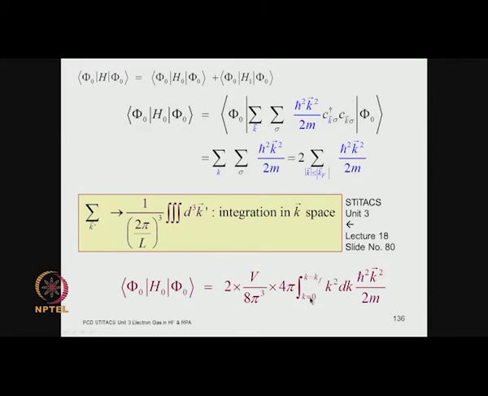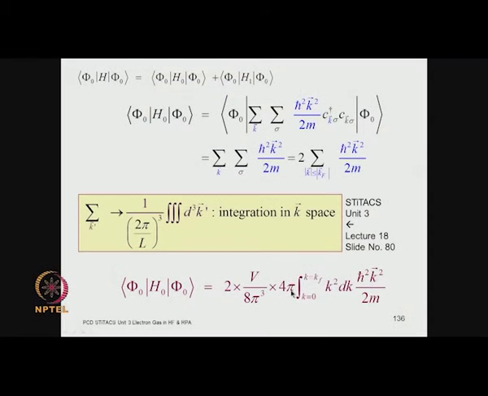So, the integration is from k equal to 0 to k equal to kf, then k square dk comes from the volume element, right. It is 4 pi k square dk is a volume element, so this 4 pi is here, and then you have got this h cross square k square by 2m over here, right. So, V over 8 pi cube is nothing but this term, L cube is the same as V. So, V over 8 pi cube is just this term.